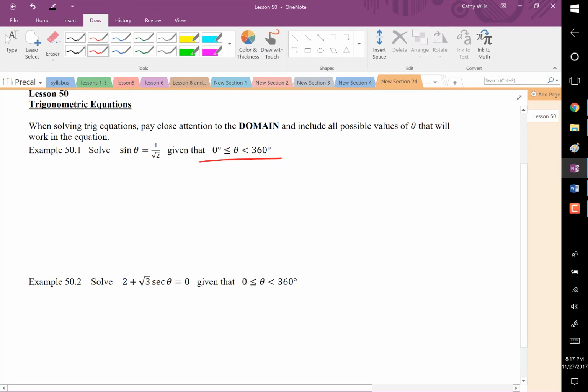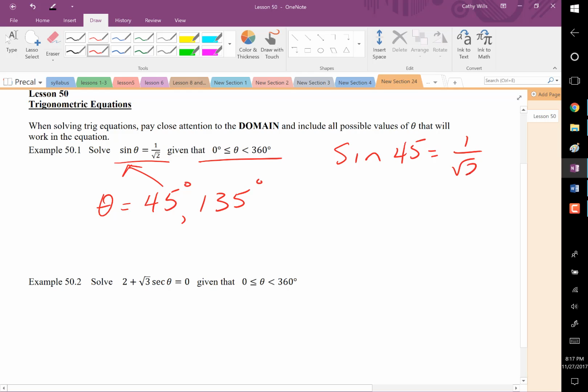All right, so the only possibilities here between 0 and 360 where you can have a sine of 1 over the square root of 2 are going to be theta equals 45 and 135. So those are the two angles that will work in this equation. In other words, if I put in 45 for theta, this makes a true statement.